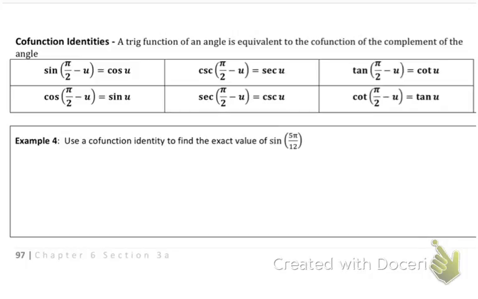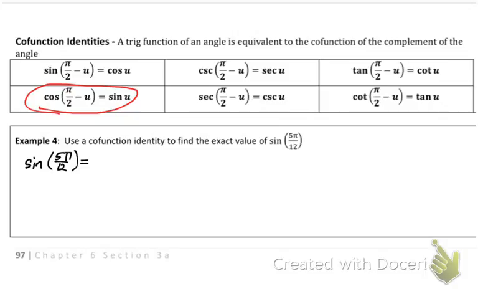So what I'm going to do is I am going to use this identity here, this sine of u equals cosine of pi over 2 minus u. So that allows me to rewrite this. So the book gave me sine of 5 pi over 12.